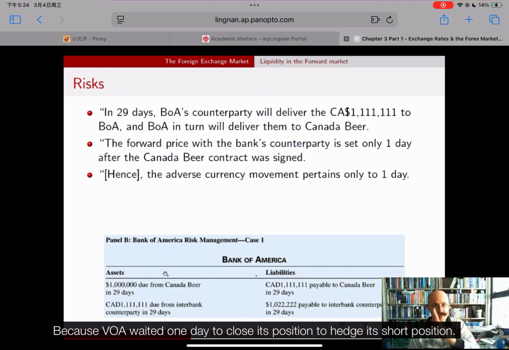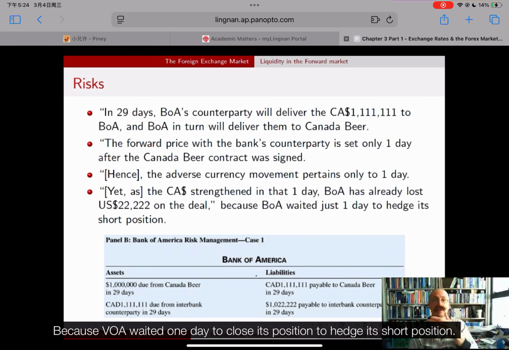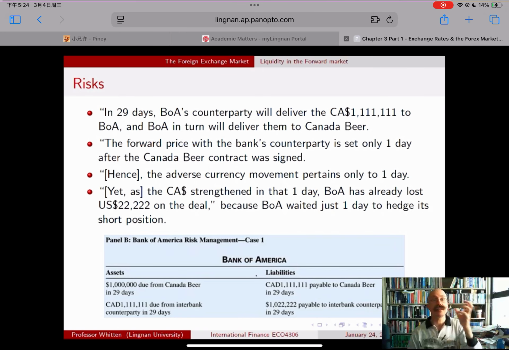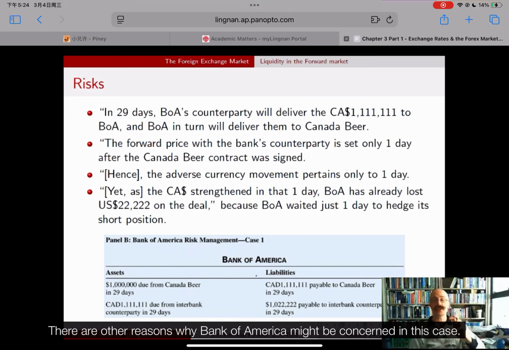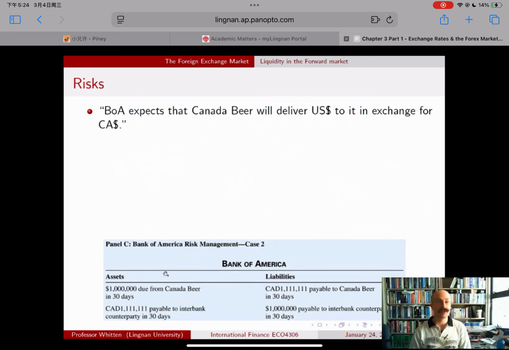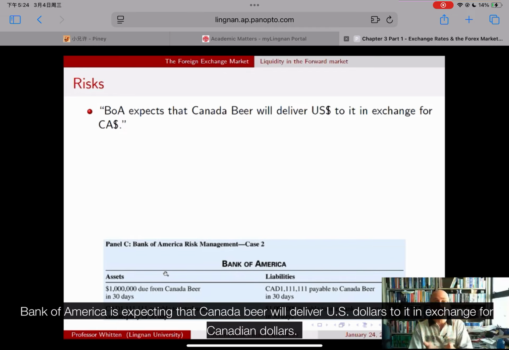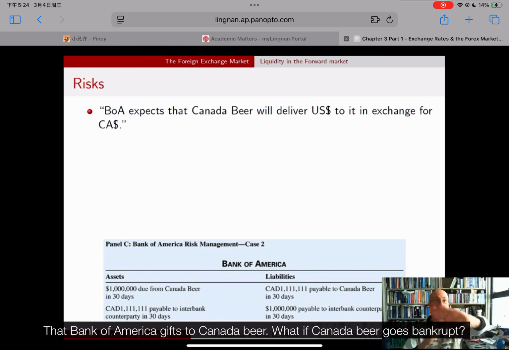Because BOA waited one day to close its position, to hedge its short position, it lost $22,222. There are other reasons why Bank of America might be concerned in this case. Bank of America is expecting that Canada Beer will deliver US dollars to it in exchange for Canadian dollars that Bank of America gives to Canada Beer.